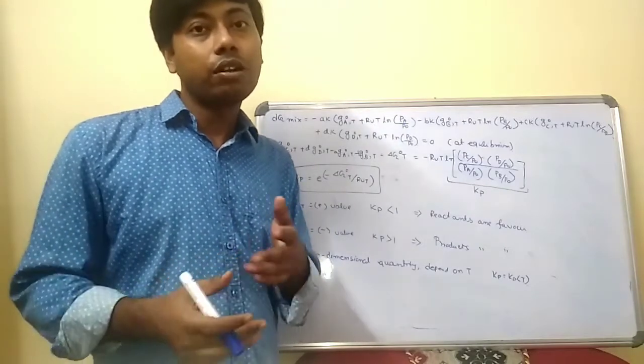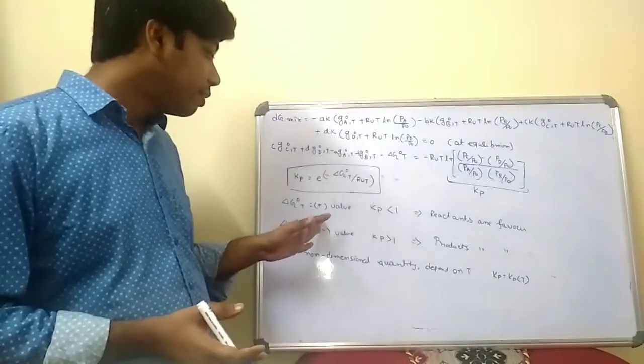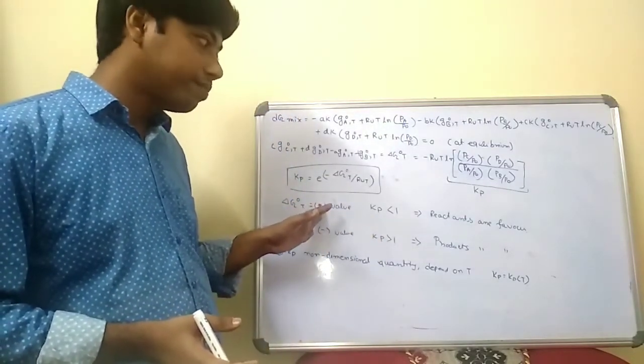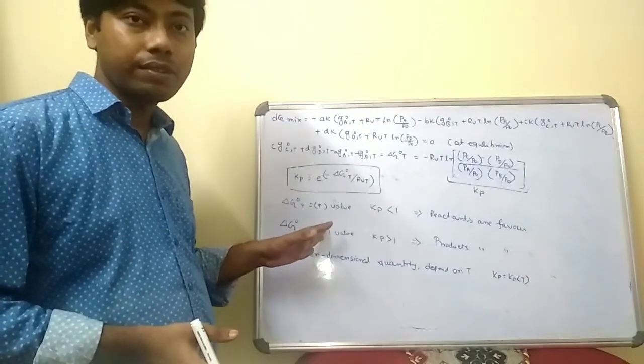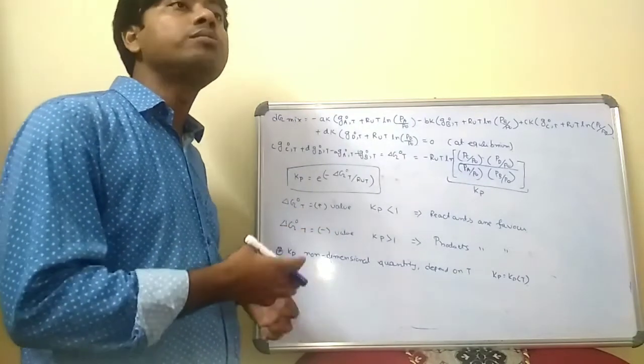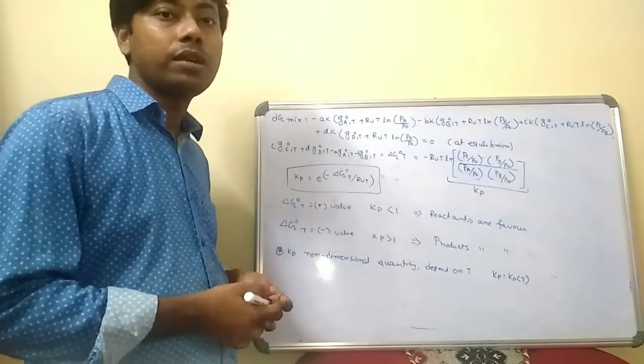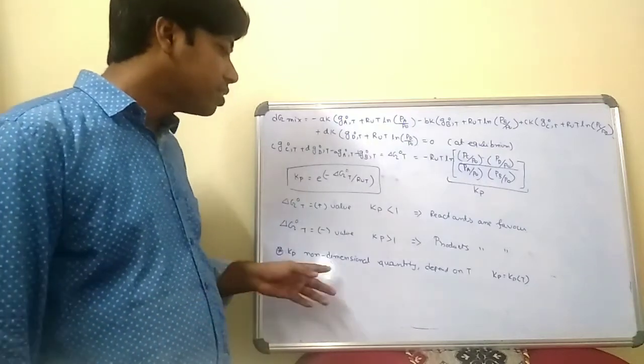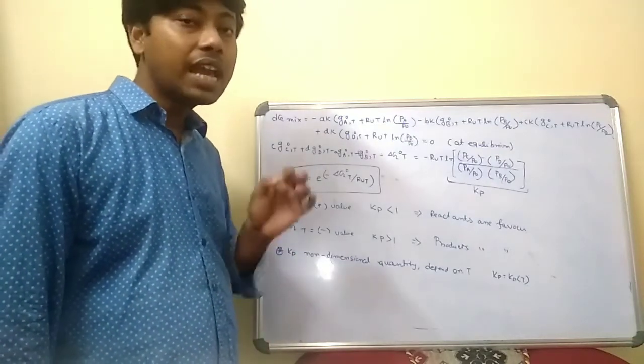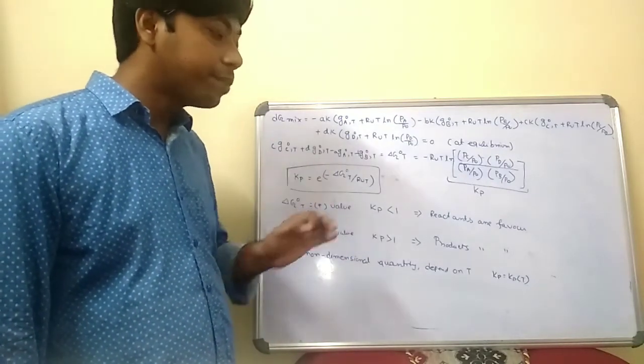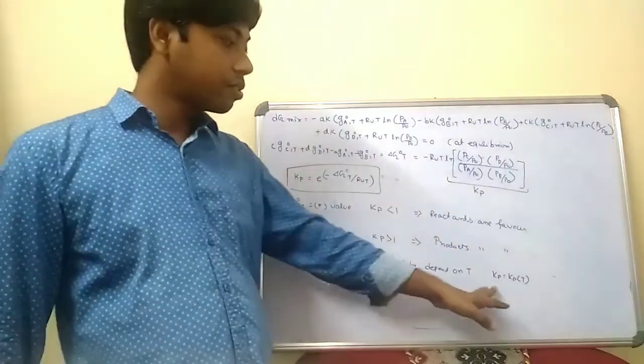Depending on the value of this, you can say whether it is product favorable, reactant favorable, or in chemical equilibrium. And Kp is a non-dimensional quantity, dependent only on temperature, not pressure. So Kp is a function of only T.